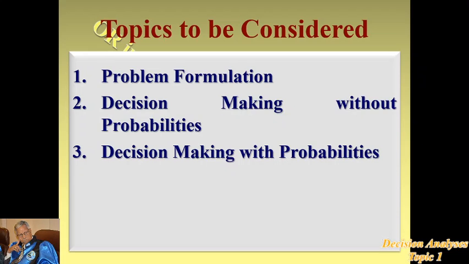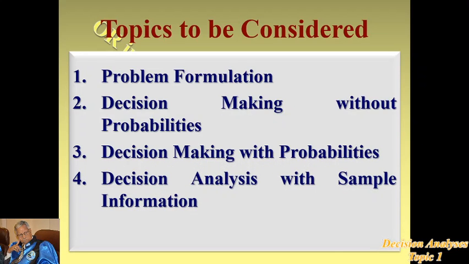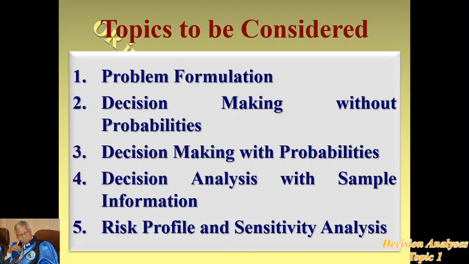Topic number 4 will concern decision analysis with sample information, while topic number 5 concerns risk profile and sensitivity analysis. According to our current situation, we will drop topic number 5, risk profile and sensitivity analysis, in spite of its essentiality for you in business.